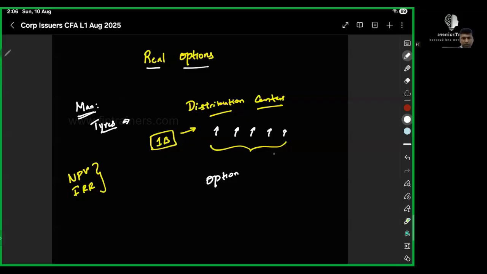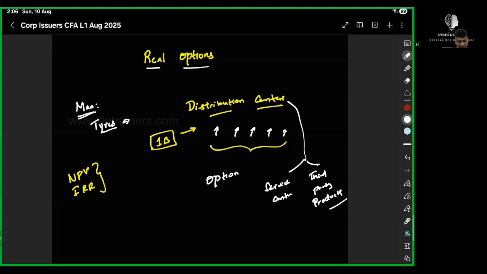You can use these distribution centers as a service center, or you can sell third-party products that are not yours. Maybe it's not tires, or you can even sell your competitor's tires also. That's an option that you have. You don't have to do it, but you can have other options. These are called real options.